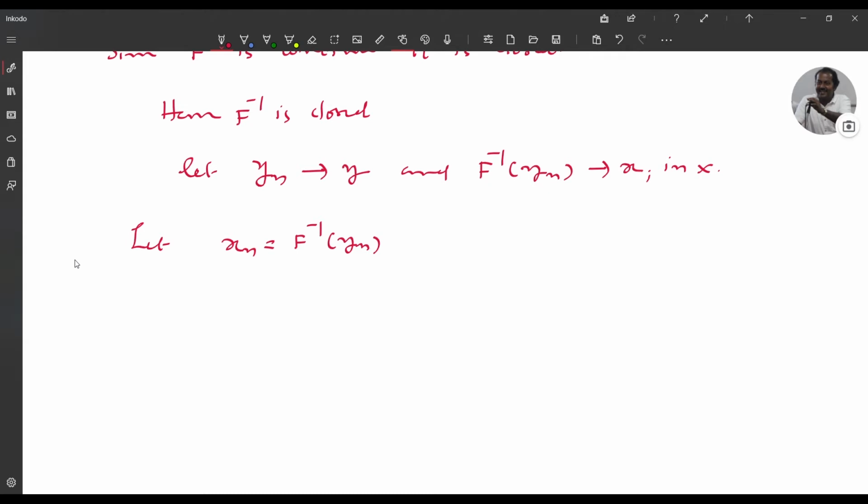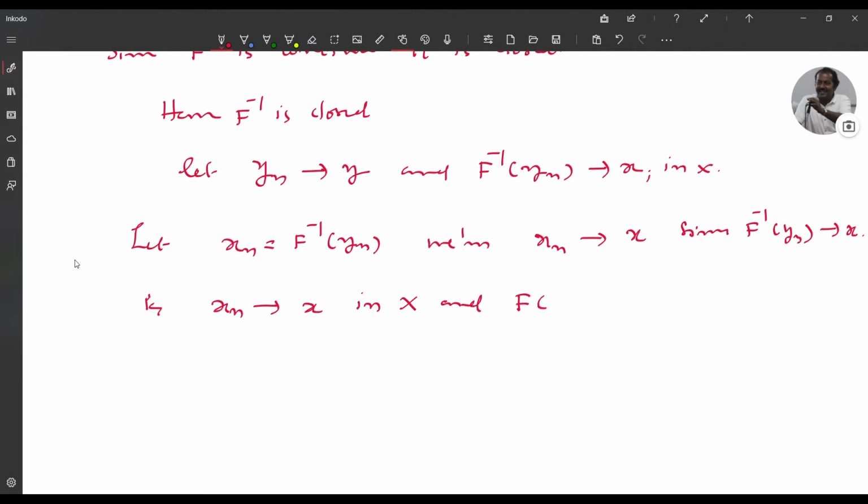We have xn converges to x, since f inverse of yn converges to x. That is, xn converges to x in X and f of xn is actually equal to yn. This converges to y in Y.